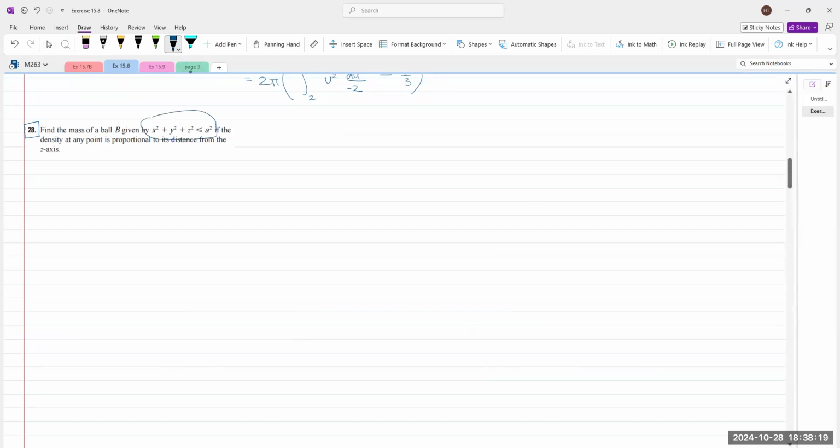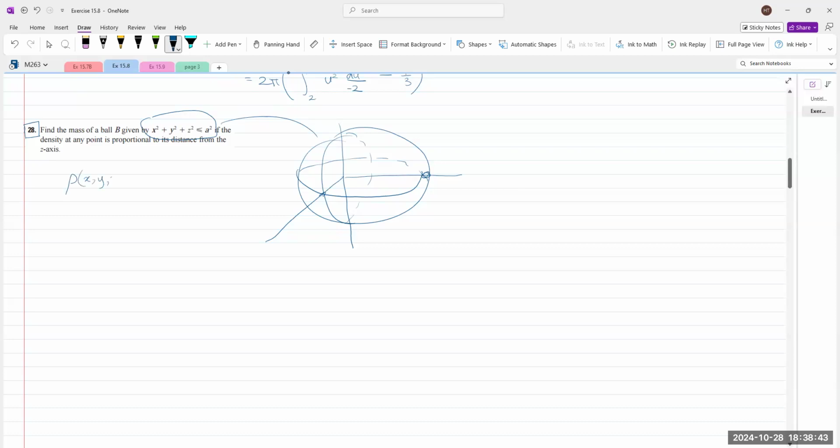So this is a ball with radius a, if the density at any point is proportional to the distance from the z-axis.